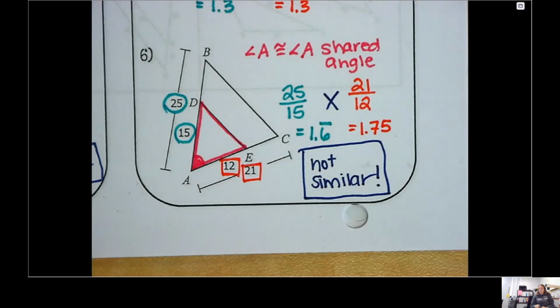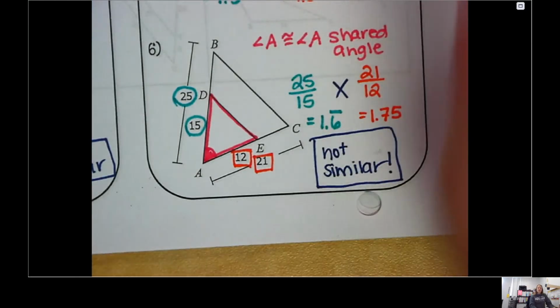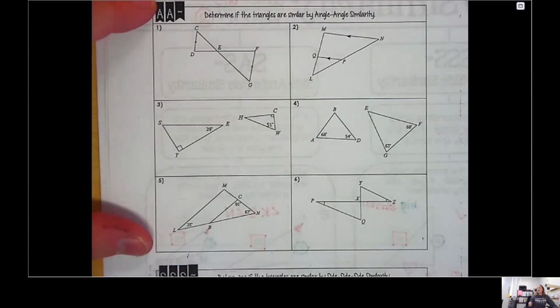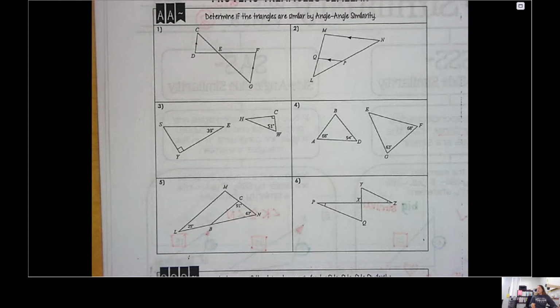Okay, now, for the remainder of the period, which is about 15-ish minutes, is it? 20? Here's what you're going to do. On the back side, there are a bunch of different examples. Now, the problems on the back, I already broke them down for you, right? I put them by section. So for numbers 1 through 6, you're going to determine if the triangles are similar or not similar using the theorem angle.